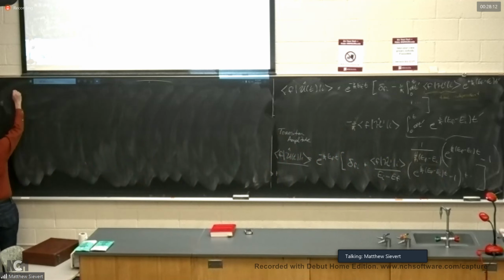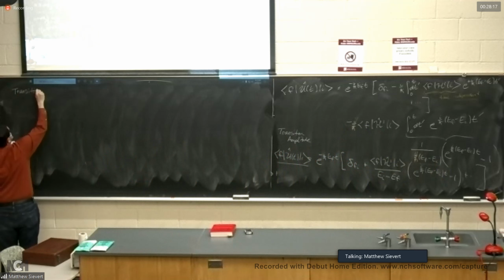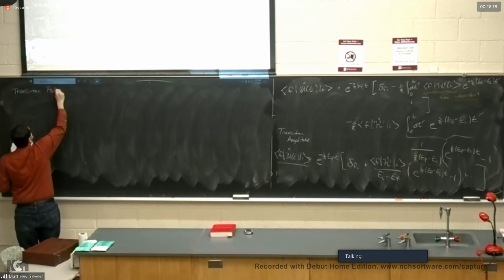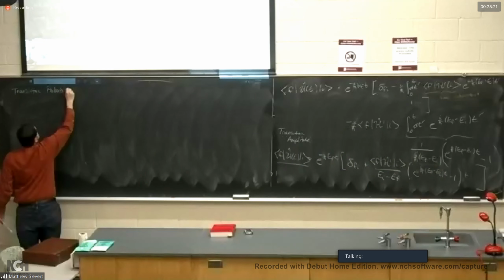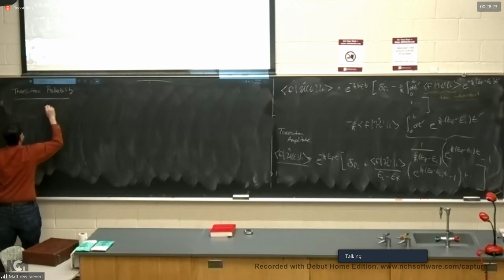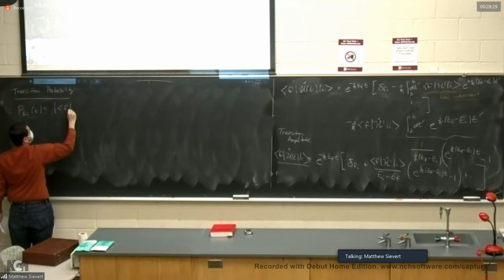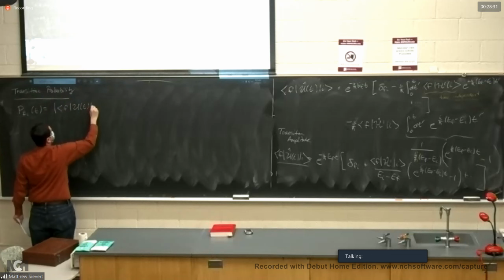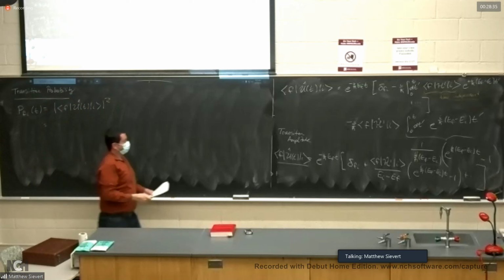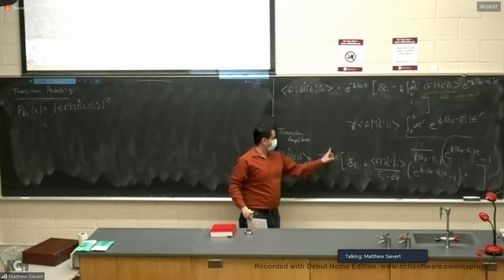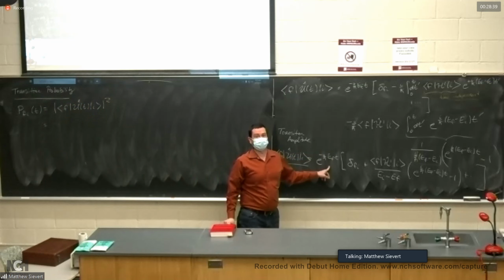So if I square it, then I get the transition probability. So P final initial as a function of time is that transition amplitude squared. When I square that thing, this overall phase factor in front goes away. It's totally irrelevant.